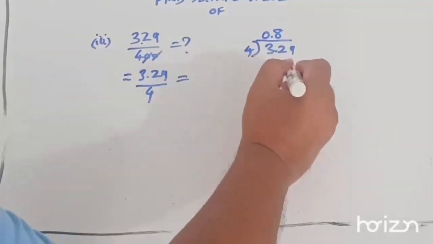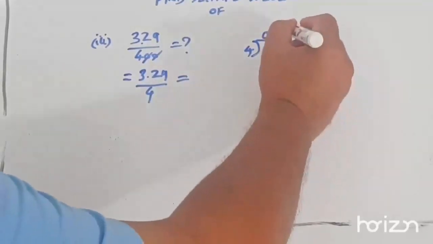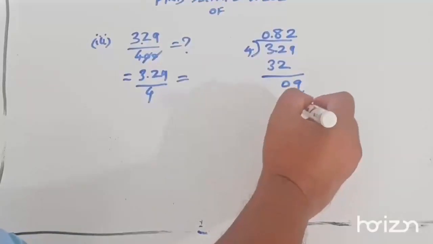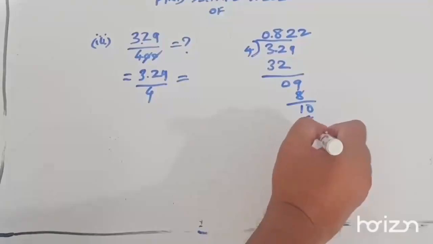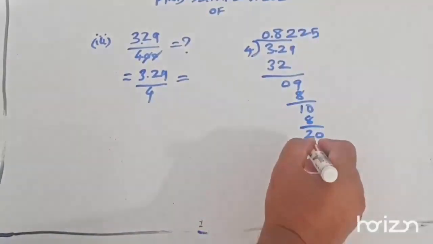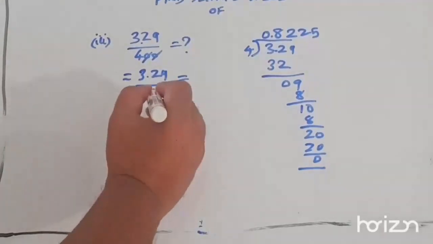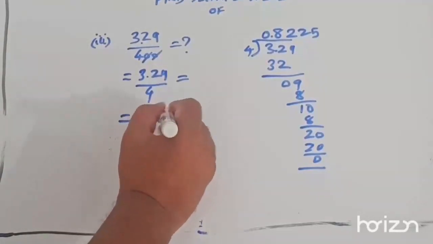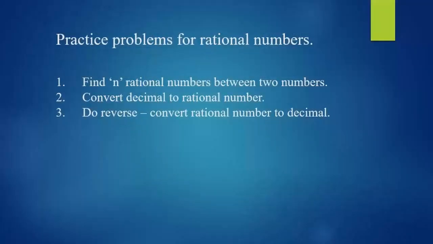And 9 is the next number, so you pull it down, and 4 2s are 8, then 1 0, 4 2s are 8 again, 2 is the remainder, 20, 4 5s are 20. So this fraction is equal to 0.8225 in decimal.